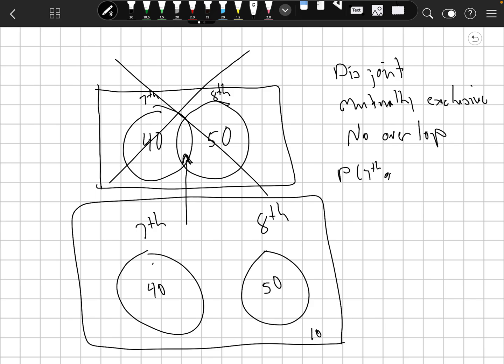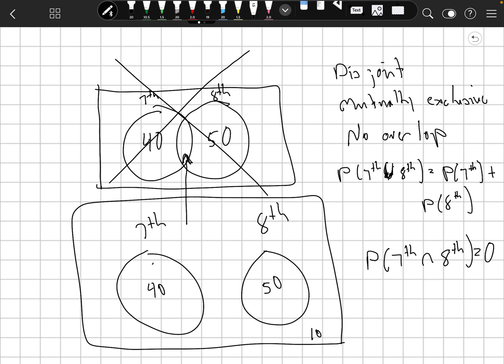Probability of 7th union 8th equals probability of 7th plus probability of 8th. And you can minus probability of 7th and 8th, but this probability of 7th intersect 8th is going to be 0 because there's no intersection.